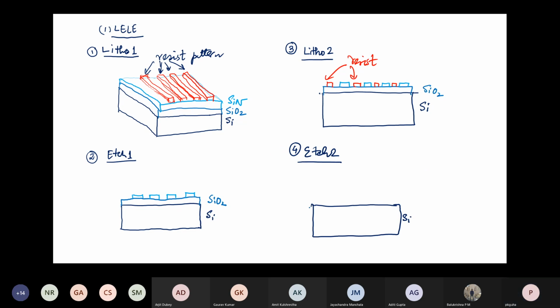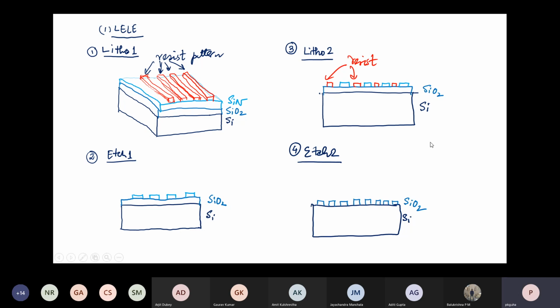You etch SiO2 using both the patterns together.